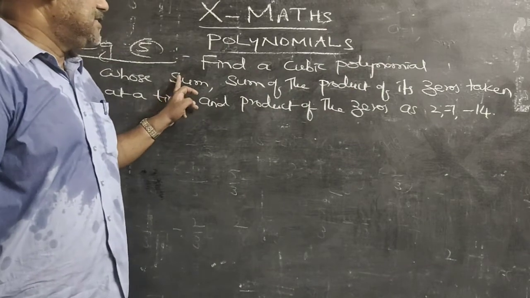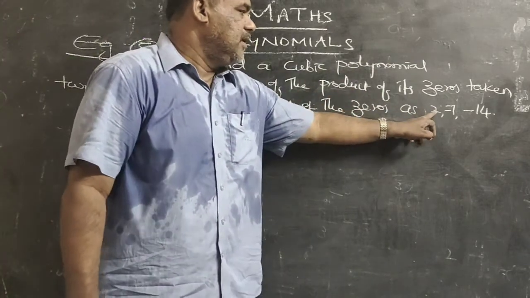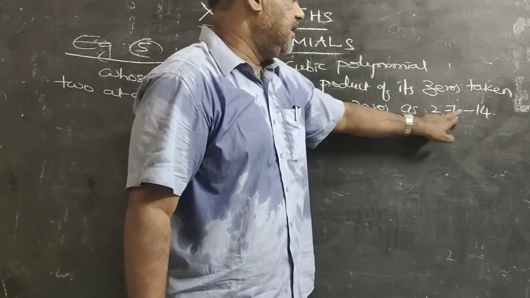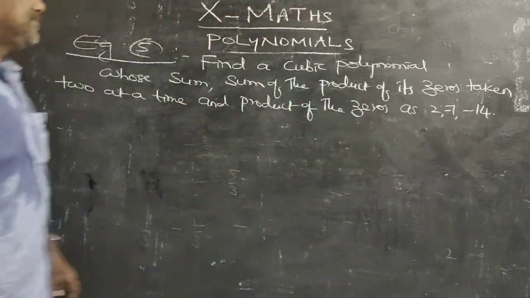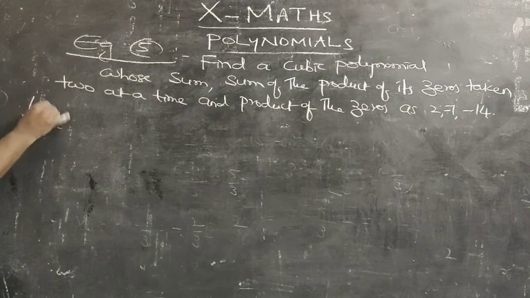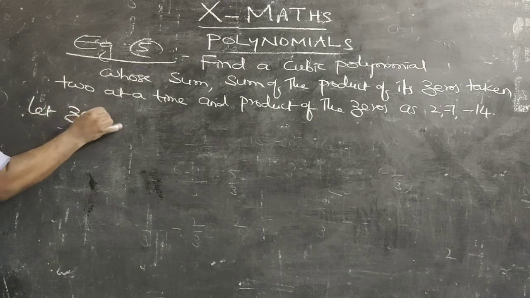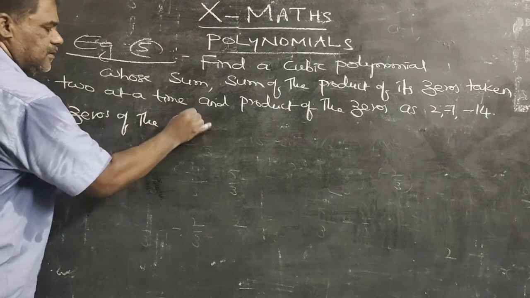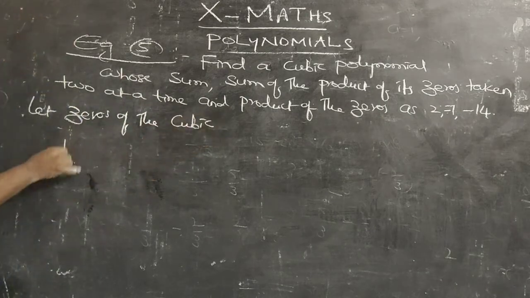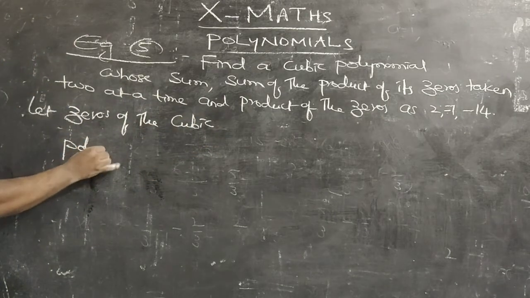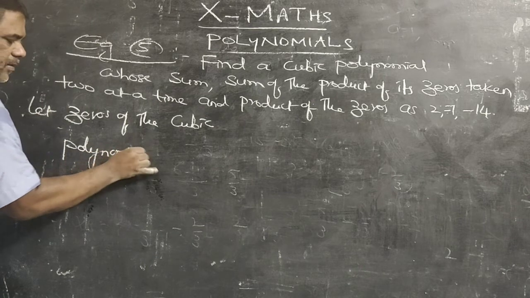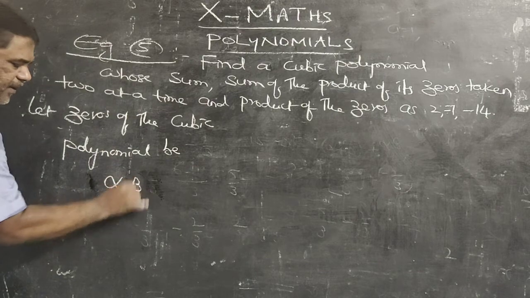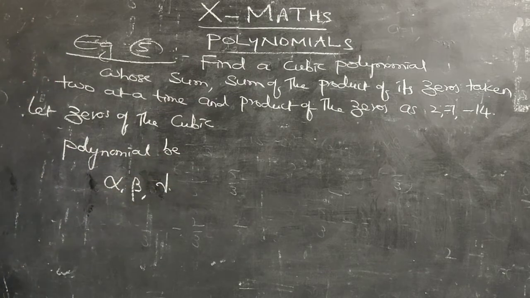Given condition is sum of the zeros is 2, sum of the product of the zeros taken two at a time is minus 7, and this is the product of the zeros. So first let us suppose the zeros of the cubic polynomial be alpha, beta, gamma.